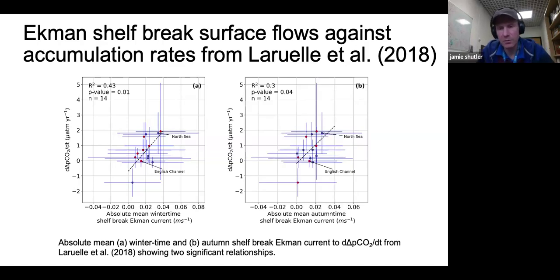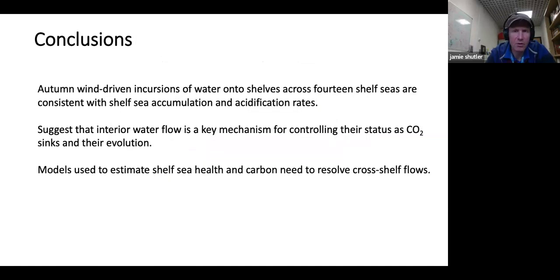And if you look at autumn and repeat the same analysis, we also identified a significant relationship there. It was not as strong, but the same signal appears to exist. So this work appears to show that autumn and wind-driven incursions of water onto the shelf seas from these Ekman processes are consistent with this accumulation of carbon and acidification rates within these shelf seas.